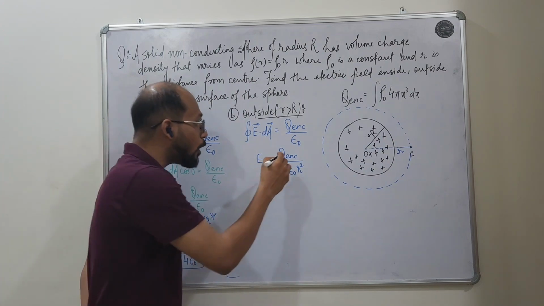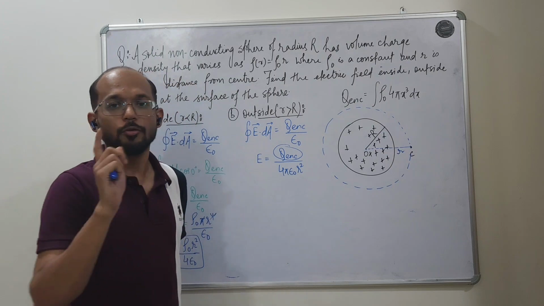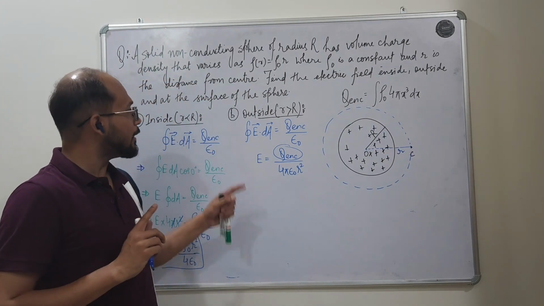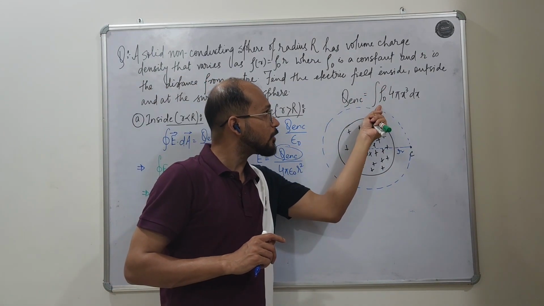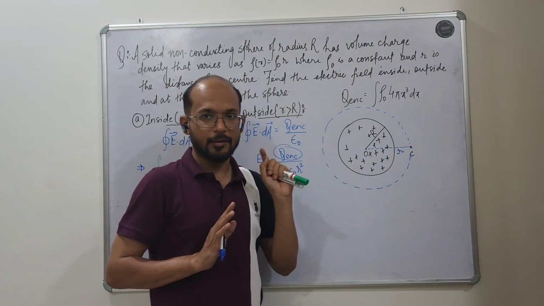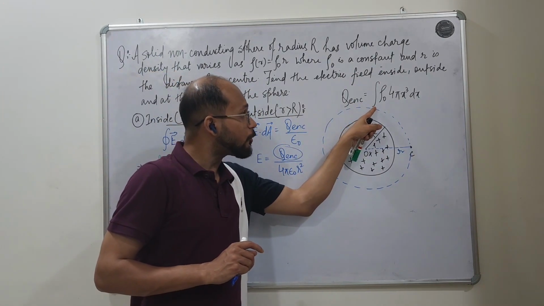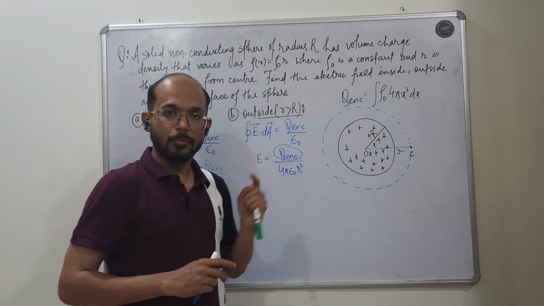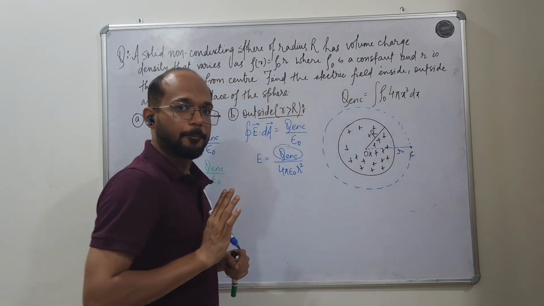These things are okay, but what will be the value of Q enclosed here? We cannot directly use the formula rho into V because the charge density is varying as rho naught into r. Earlier, in case of inside, we have seen that the Q enclosed was the integration of rho naught 4 pi x cube dx, and we took the limit from 0 to small r because the Gaussian surface was inside. This time the Gaussian surface is outside the sphere.